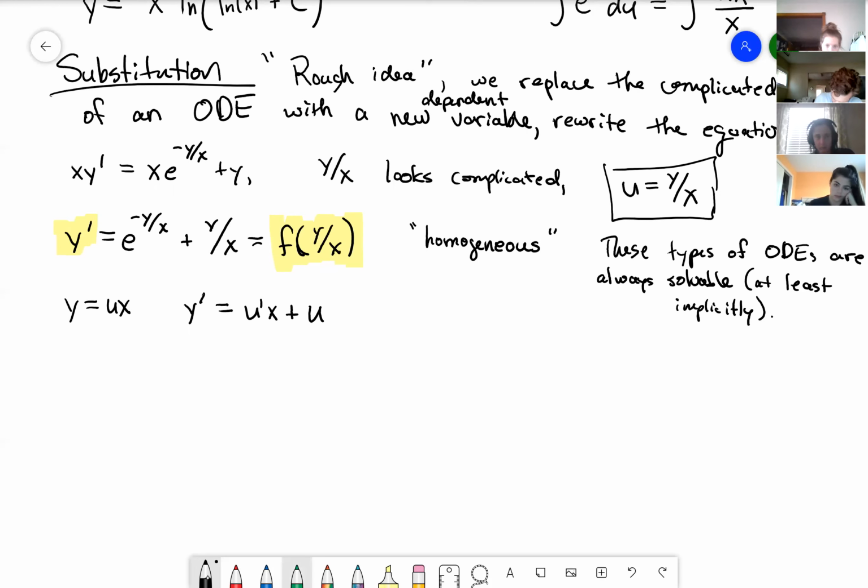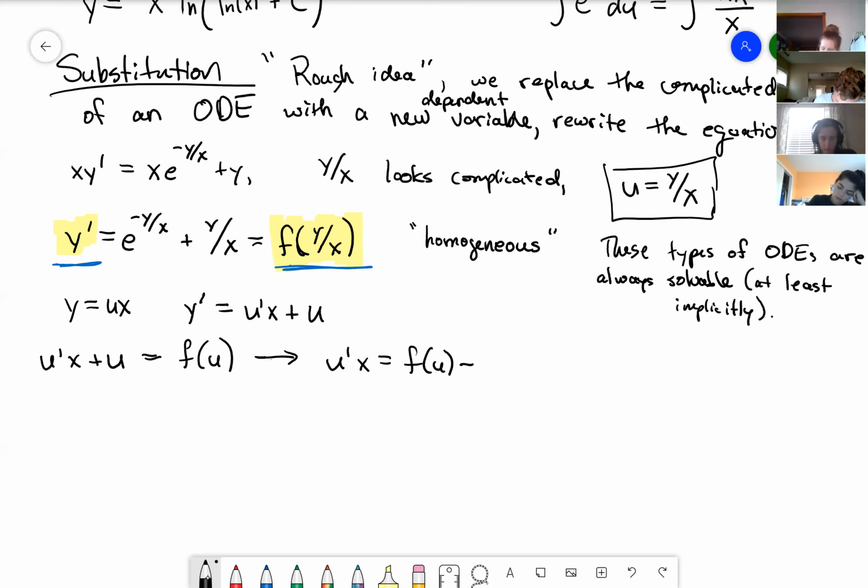So then this equation right here can be rewritten as u prime x plus u on the left-hand side and f of u on the right-hand side. And just a little bit of rearranging, we get u prime x equals f of u minus u. Notice all of this is still just a function of u, just a function of our dependent variable. And then dividing through by x, we get u prime is equal to f of u minus u, over x.